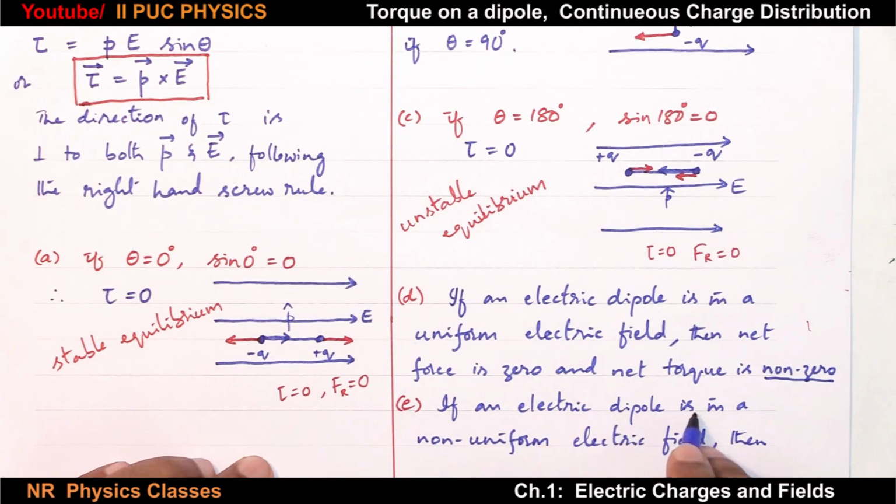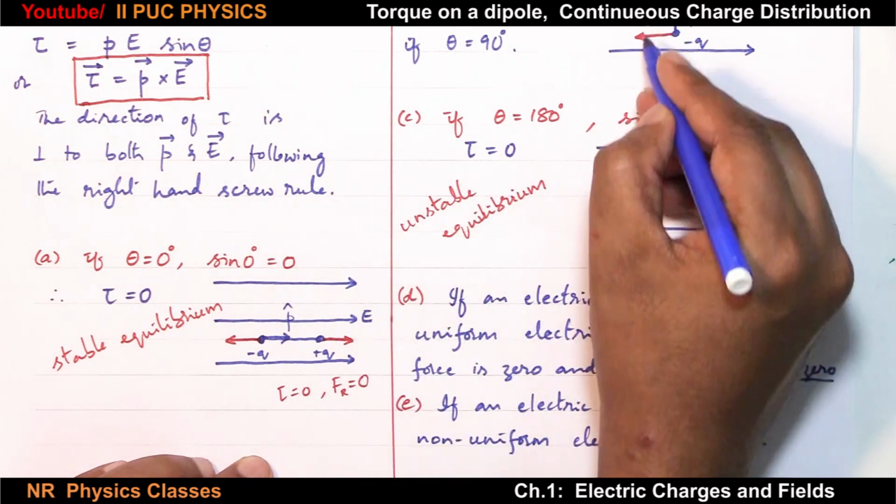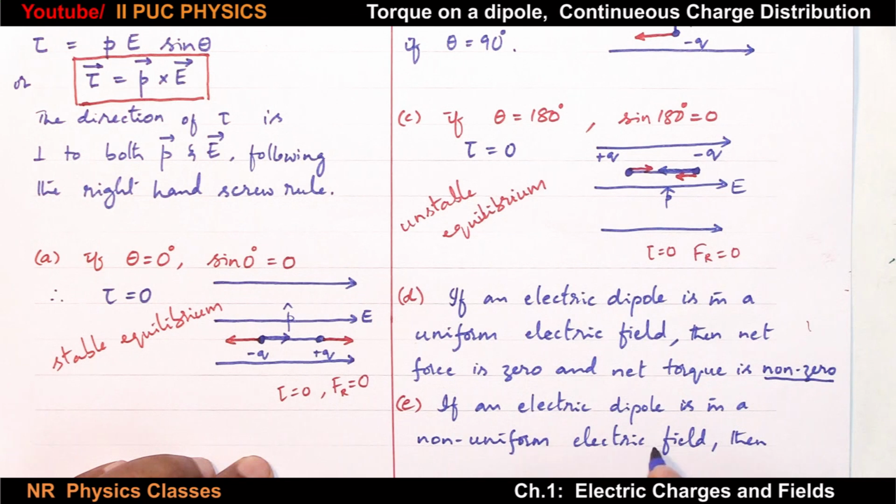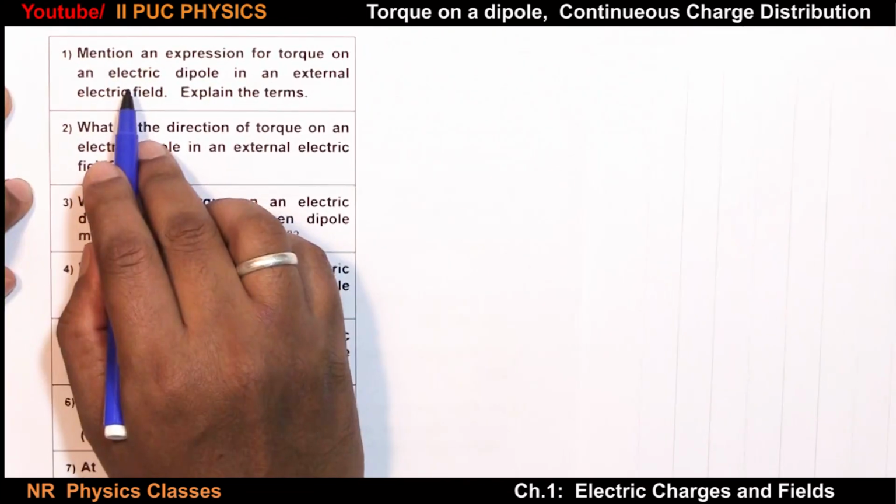If an electric dipole is in a non-uniform electric field, then both are non-zero. Net force is non-zero, net torque is also non-zero. Means there will be resultant acceleration because of net force and there is rotational motion. This is with respect to non-uniform electric field.